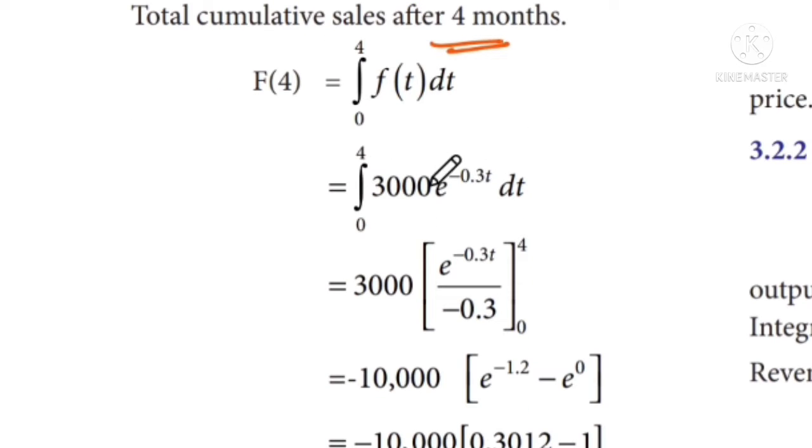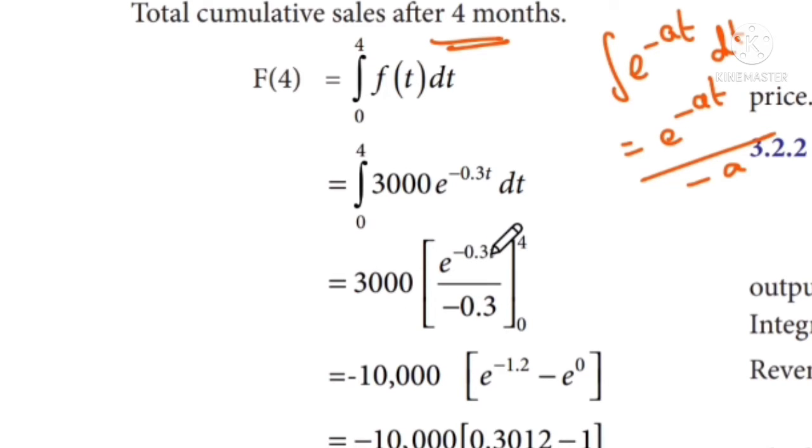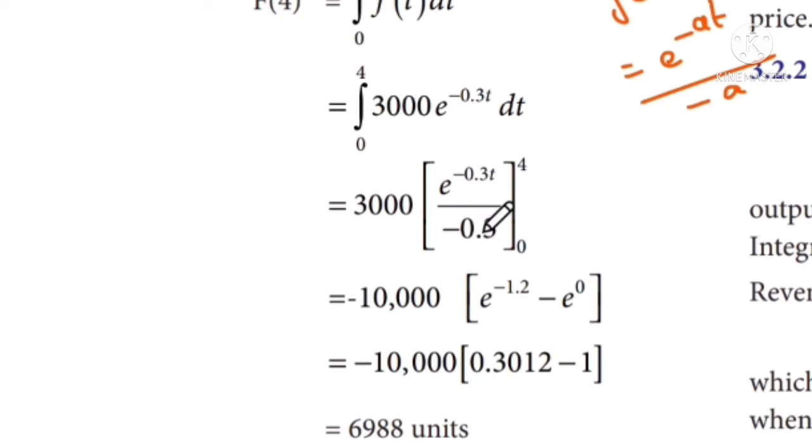The integration of e power minus at dt is e power minus at by minus a. So e power minus 0.3t by minus 0.3.